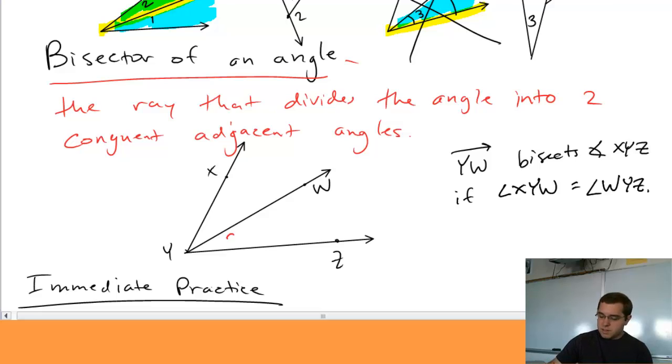So let's suppose this is 30 degrees and this is 30 degrees. Then the statement is true.